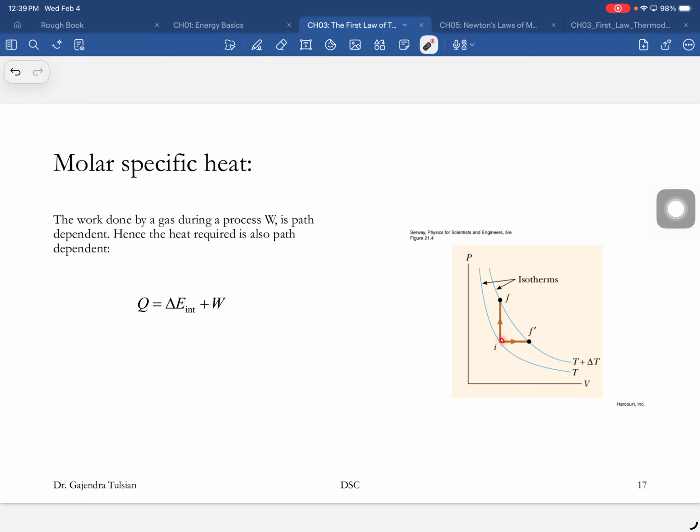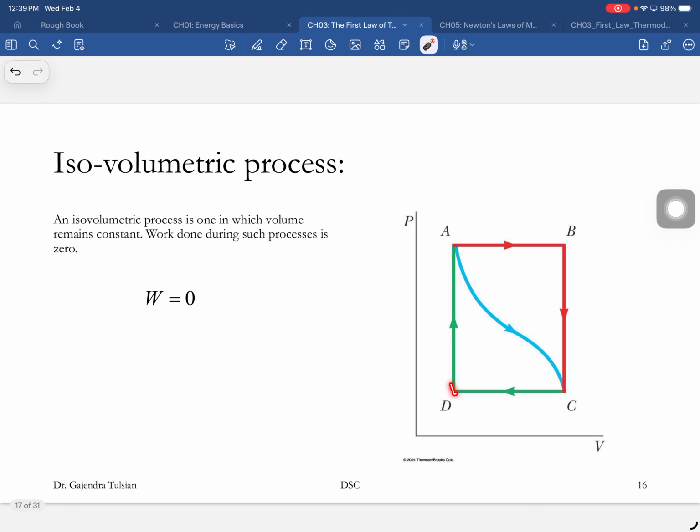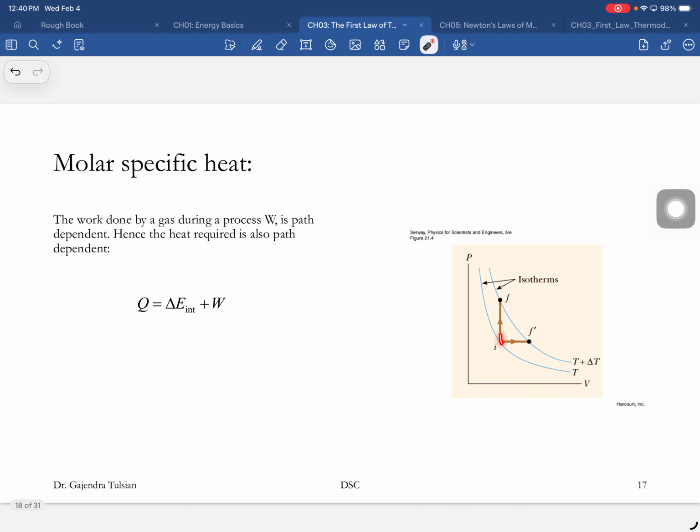So along this path, are you doing any work? When you're warming the gas along this path, are you doing any work? So we learned that the work done during a process is the area under that curve, and for the isovolumetric process, the area under this curve is 0. The work done along this other path is the area under that curve. So you do work on that path. Okay? So along this path, the work done is 0.